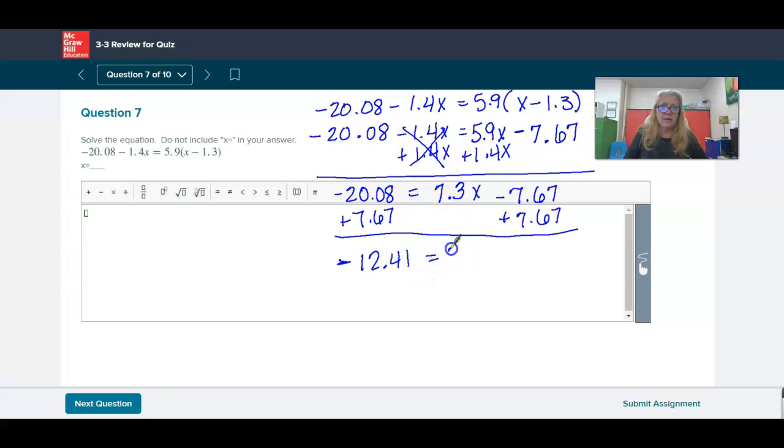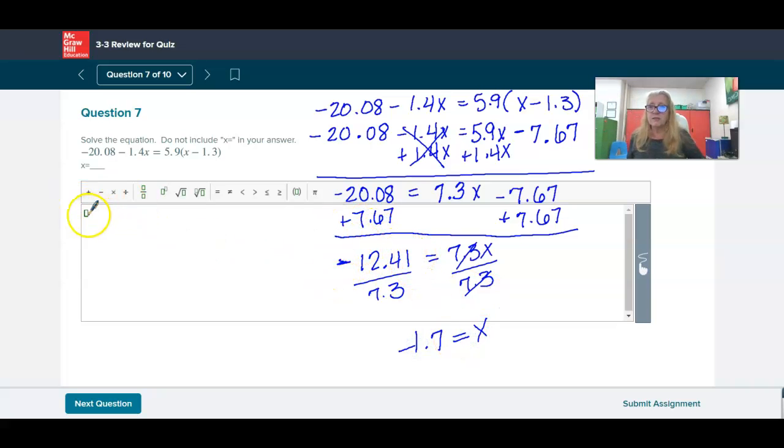And on the right, we have just 7.3x. Last step then would be to divide both sides by 7.3. And that gives me that x is negative 1.7, because that was negative. Checking to make sure I'm getting these right. Negative 1.7. So far, so good.